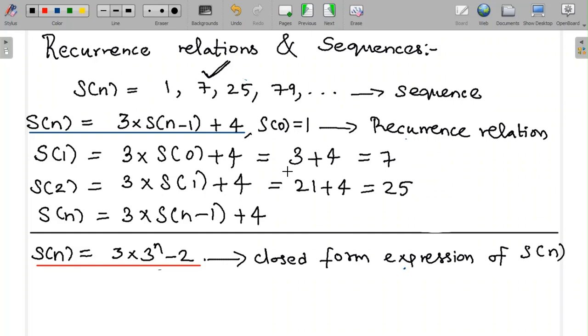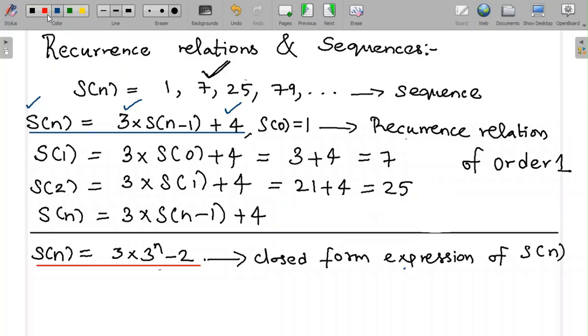Such recurrence relations are said to be linear recurrence relations of first order. Linear because the powers of the terms here are ones, and first order because only one extra piece of information is necessary to completely define the sequence based on the recurrence relation.